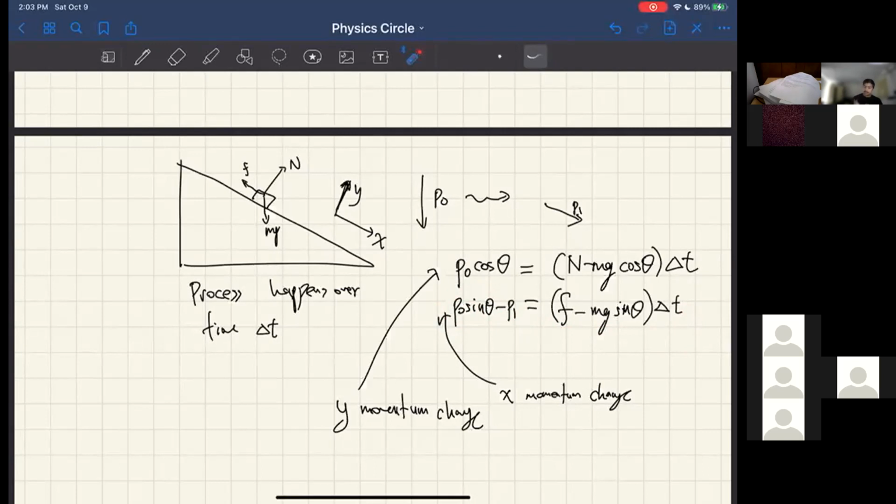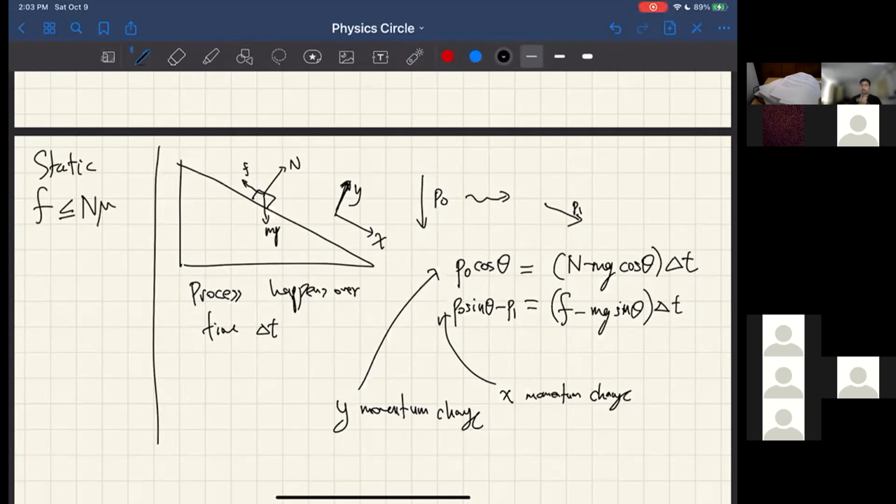Now, somebody brought up a very important point: shouldn't static versus kinetic not matter since the coefficients for both are the same? That is wrong. Even though the coefficients are the same, it matters whether it's static or kinetic. The big reason is the friction side. In static friction, all you know is that the friction force is less than or equal to n mu. In a static friction problem, you could have zero friction.